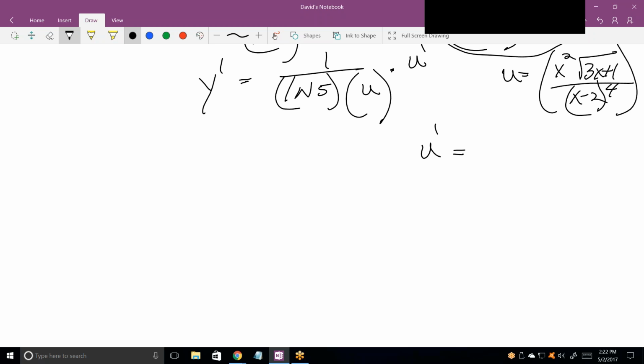You're going to have to convert the 3x plus 1 into an exponent, and then it's almost like a product rule in the numerator. I mean, this problem alone would be challenging. So let's write it the way you want to write it.